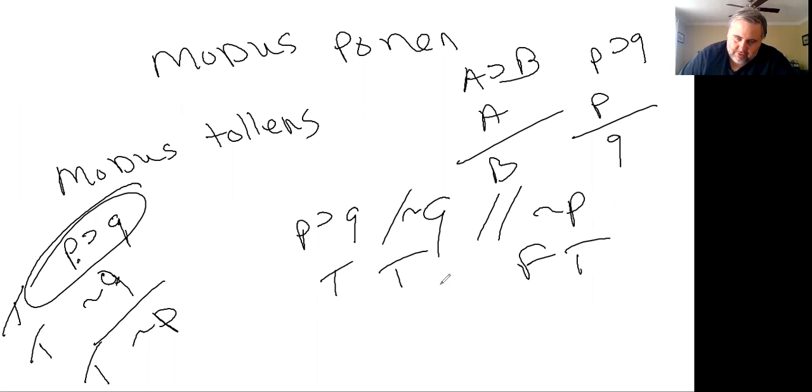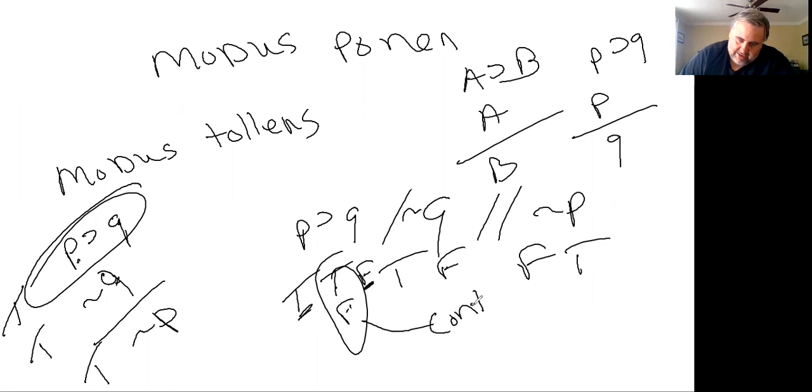That makes P true and Q false. So if P is true and Q is false, we realize this would be false. It causes a contradiction, and we therefore know that this is a valid argument.